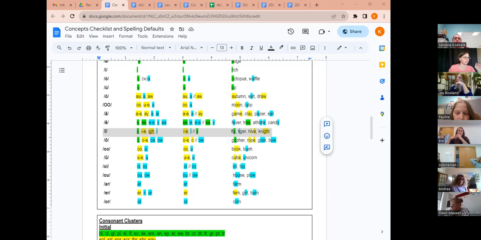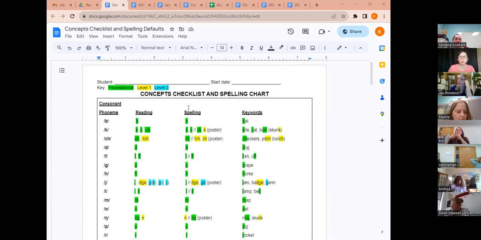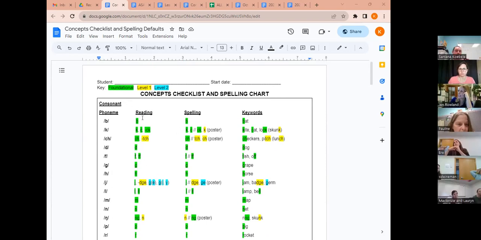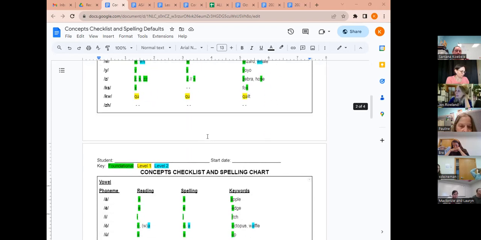So here's your concepts checklist and spelling defaults. You know the first page has the consonant phonemes. We know the second column is reading, and we know the third column is the spelling, and then we know the fourth column has the keywords that you'll be pulling out when you teach the new concept, and then you're adding it to your keyword and sound deck to be used for subsequent lessons.